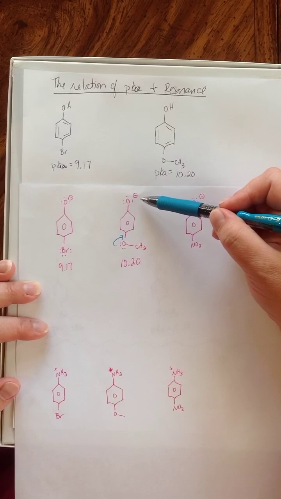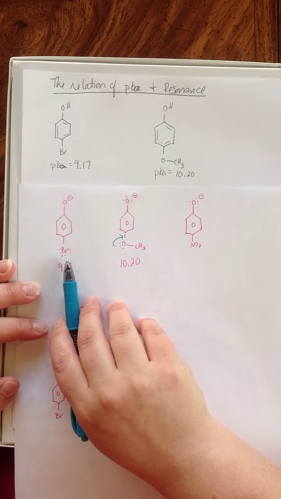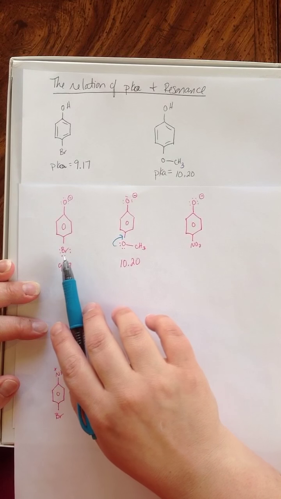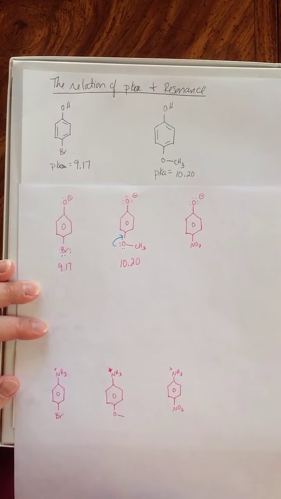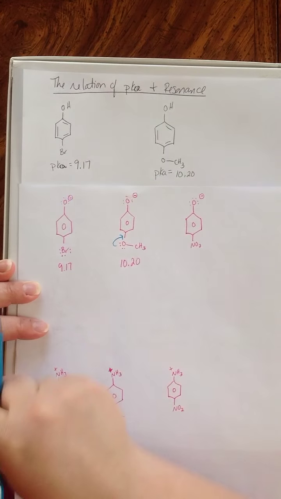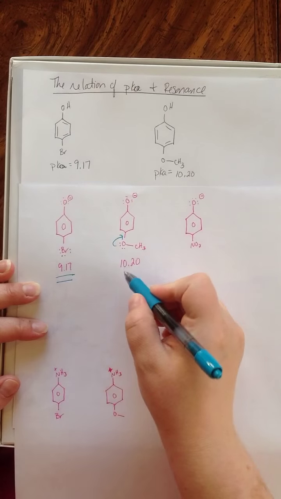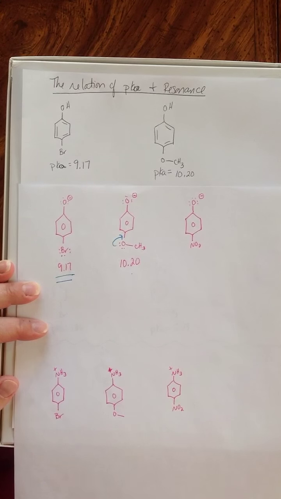Negative charge being pushed in the ring doesn't exactly help a negative charge on this side be stable. Bromine, being a deactivating group, is not as willing to put electrons in there. It's inductively even pulling electrons from the other side, and that's what makes this guy more acidic than this one.